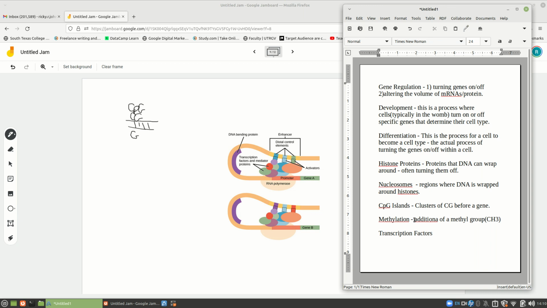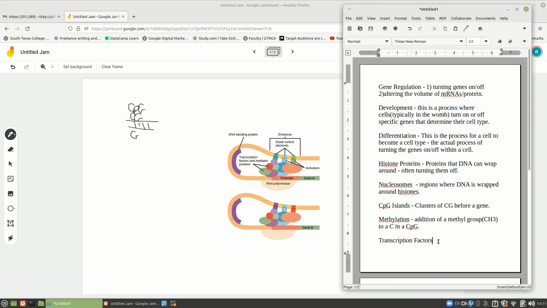If that's a small subscript, you should make that a little 3. So it's the addition of a methyl group to a C, a cytosine, in a CPG. That just means a CG, with a covalent bond in between them.